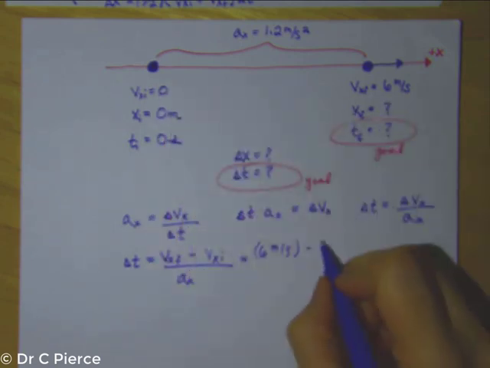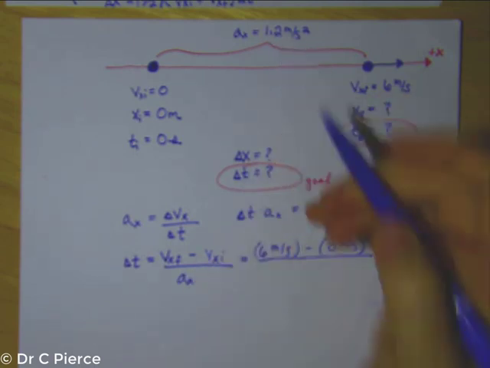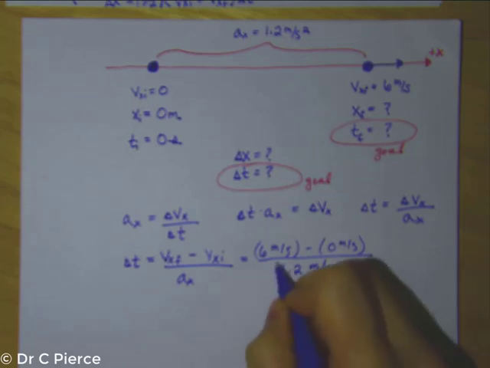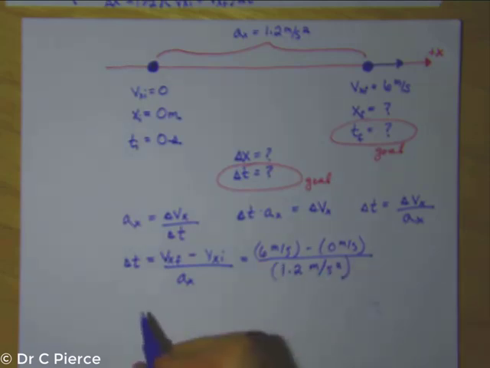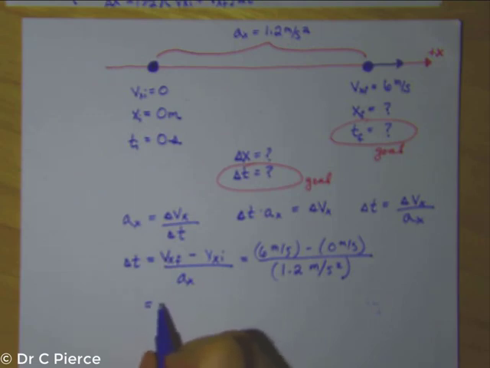Vxf was 6 meters per second minus Vxi, 0, divided by the acceleration, and that value was 1.2 meters per second squared. I'm going to rewrite the fraction here, so that way we can see what happens to these units a little bit more clearly.